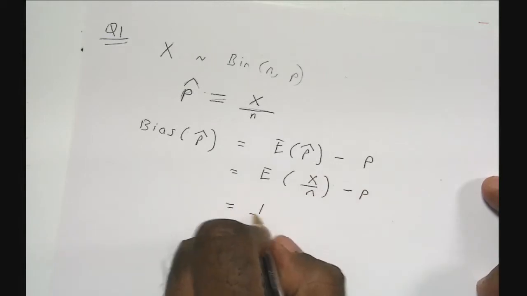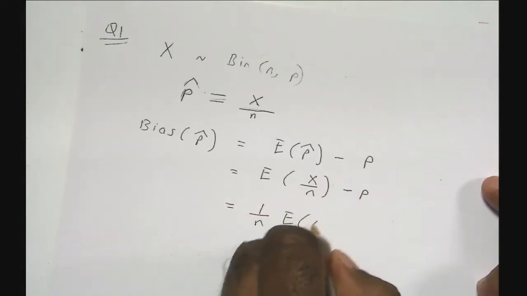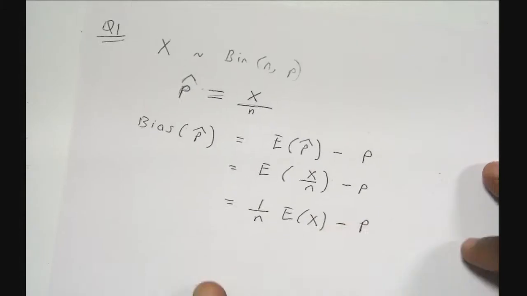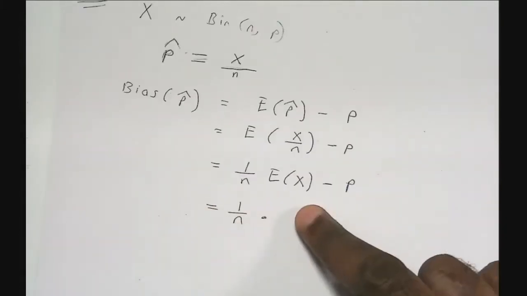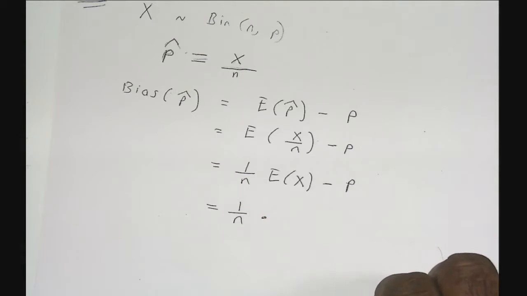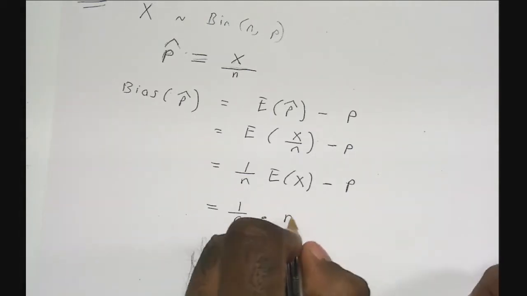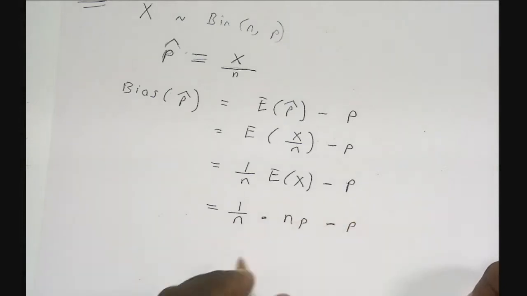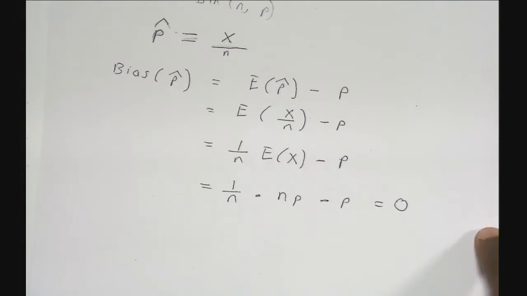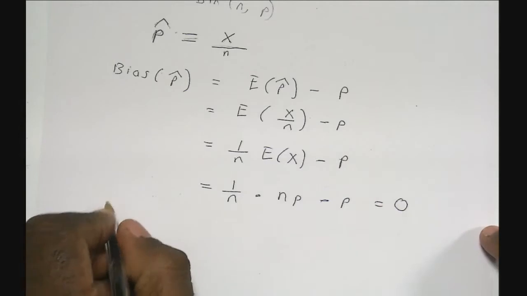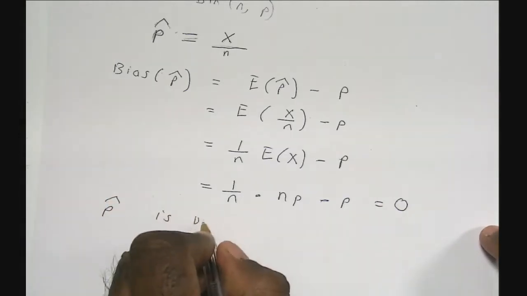Now, all of you guys know that the expectation of a binomial variable with parameters n and p is n times p. So the bias is equal to 0. So what it means is that p hat is unbiased.